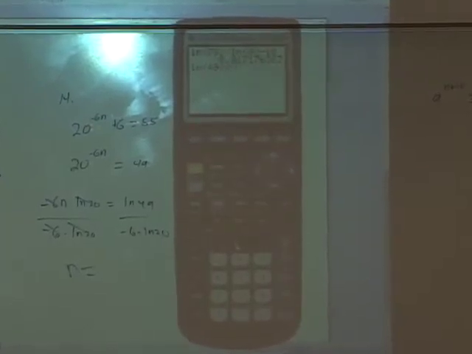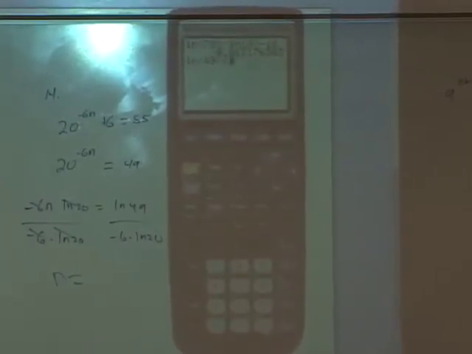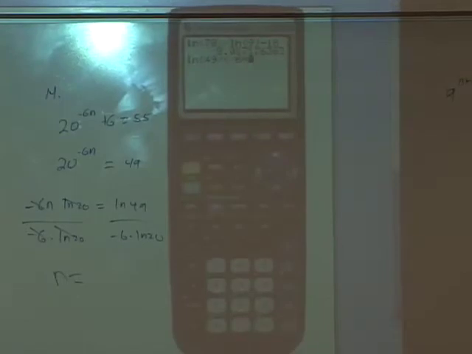divided by quantity negative 6 times the ln of what? Crazy number. It's supposed to be a negative 0.2165. Oh, I messed up.